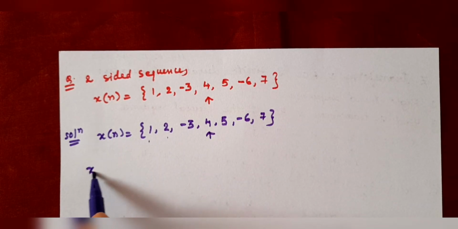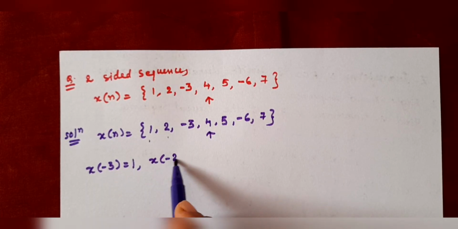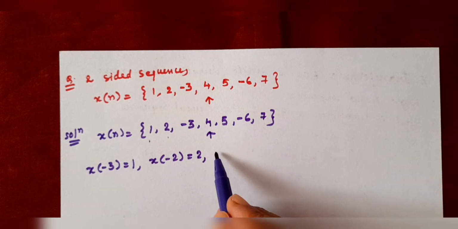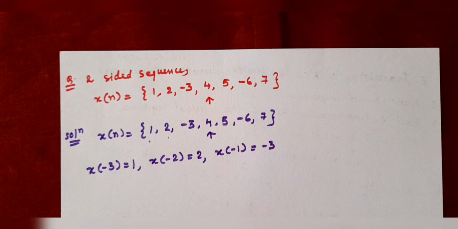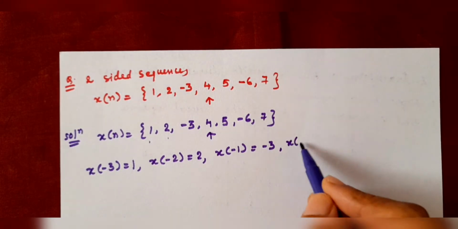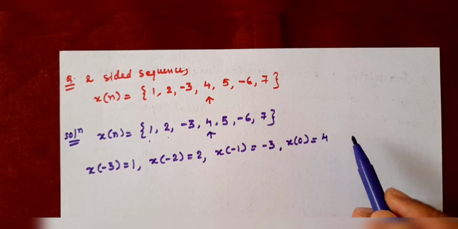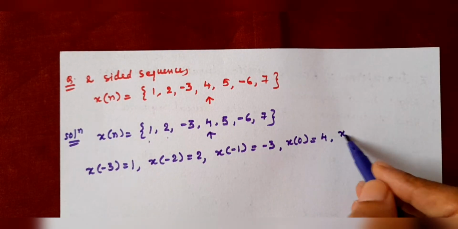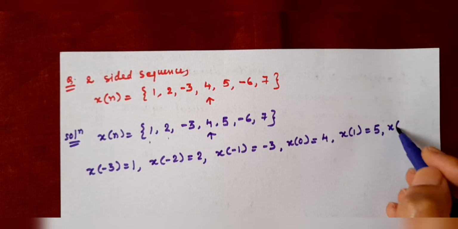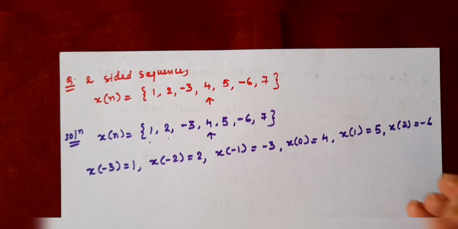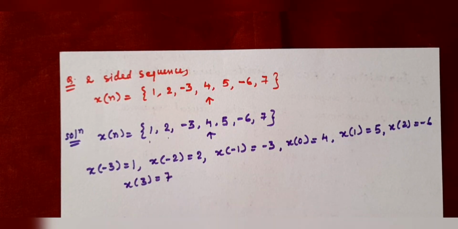So what is x of minus 3 value? 1. x of minus 2 value? 2. x of minus 1 value? Minus 3. x of 0 value is how much? 4. Arrow indicates origin. x of 1 value is 5. x of 2 value is minus 6 and x of 3 value is 7.